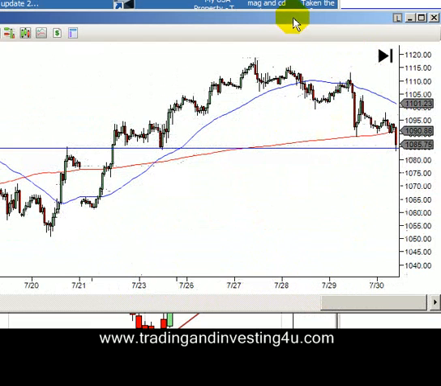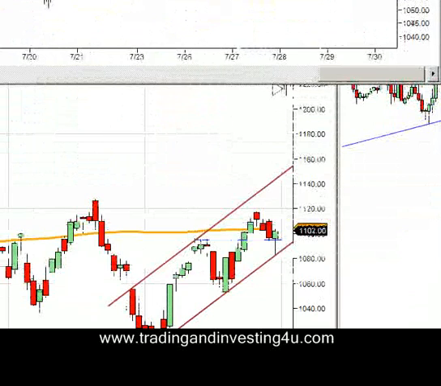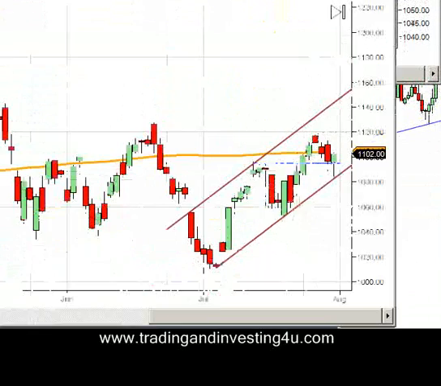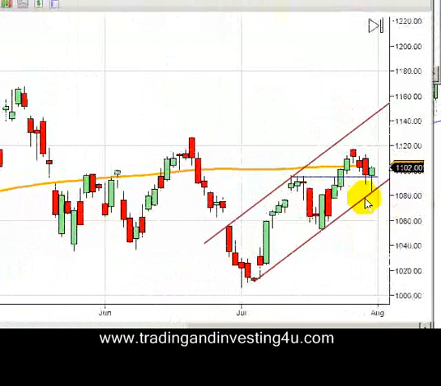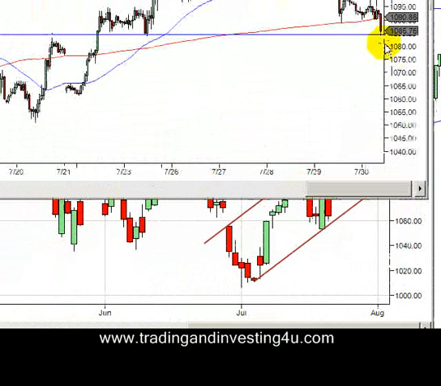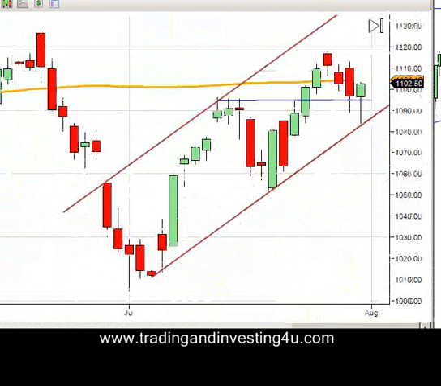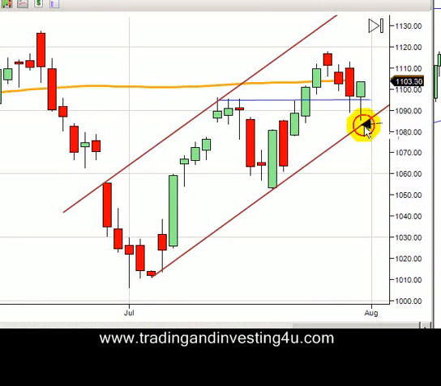When that happened, I was looking around at all my charts. The S&P, this is the S&P daily, at that time the market ran down and bounced off that. The Dow daily chart was right here, right at that support level at that time.